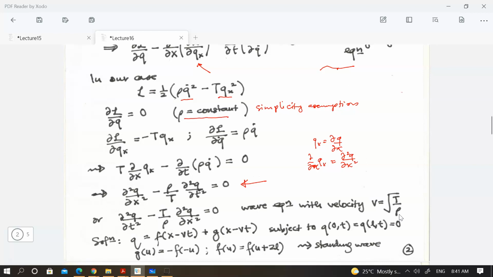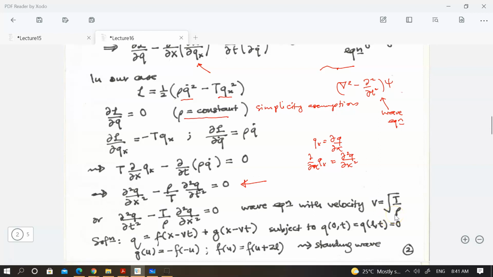And this is just like, if you remember, del squared minus d dt squared of some function that we have seen before. So this is essentially your wave equation. Okay. So this is really your wave equation, but now it's one-dimensional. You don't have that del squared there.